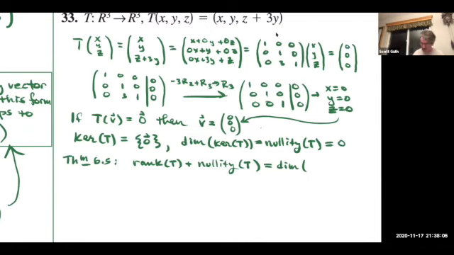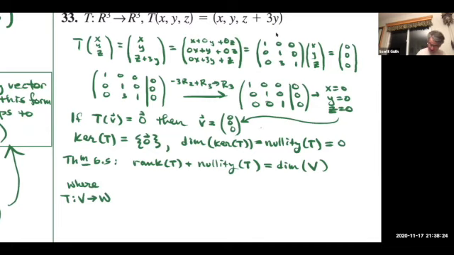So this is the dimension of V, where T is mapping V into W, like that.